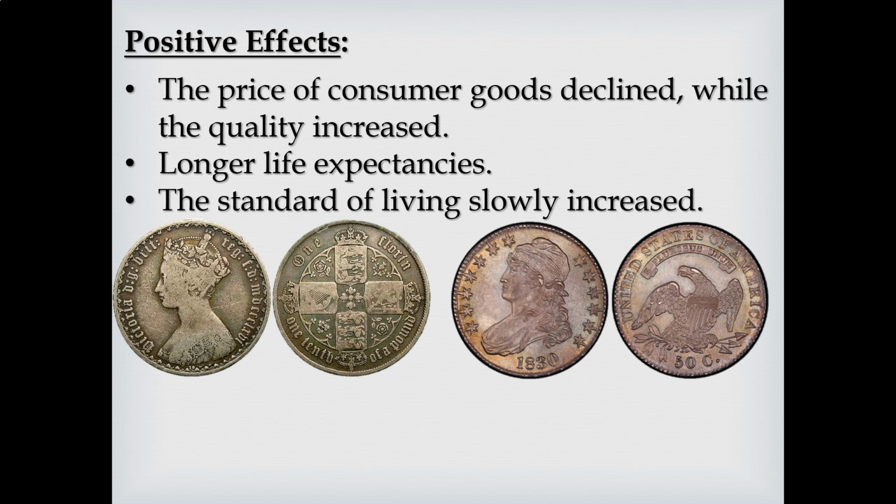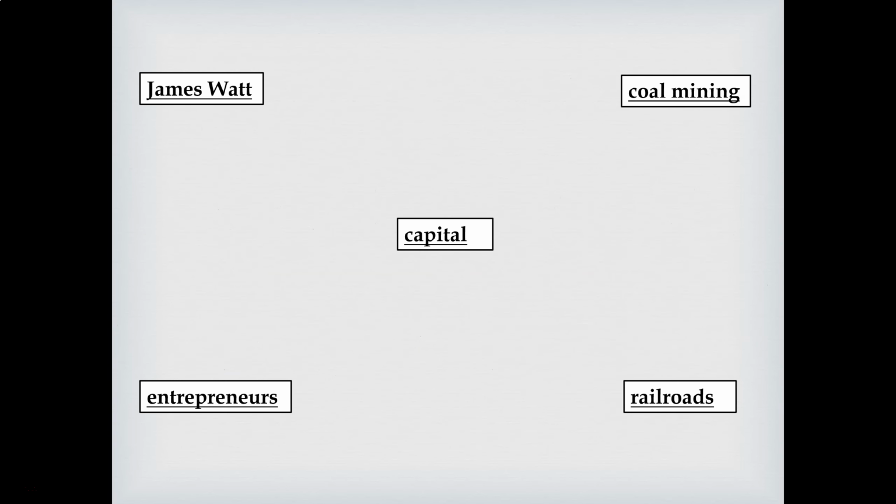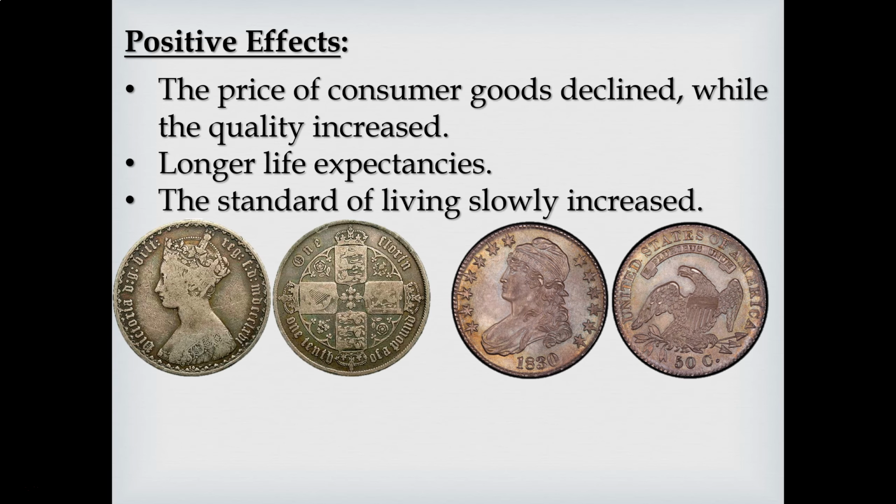And the standard of living simply means how you're living, like your housing, your health, your working conditions, all those things. That all is wrapped into this term, standard of living, and it's getting better as the Industrial Revolution begins.